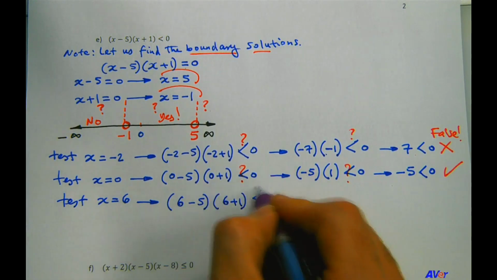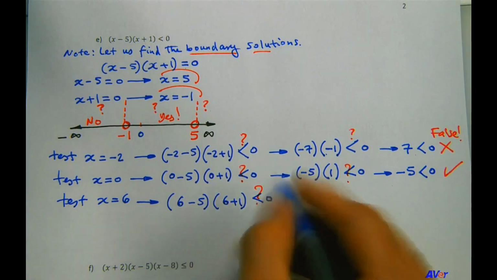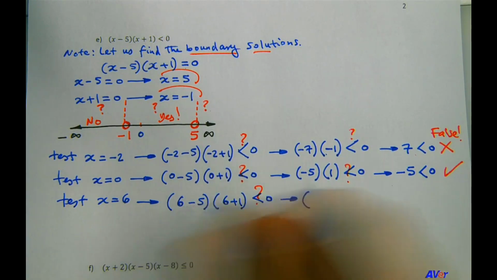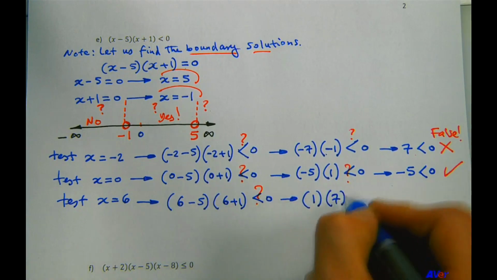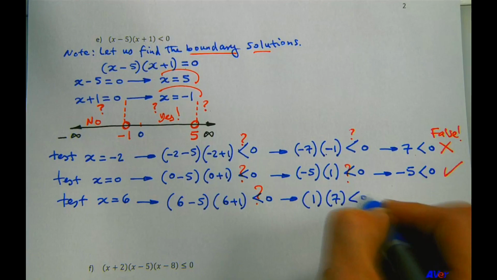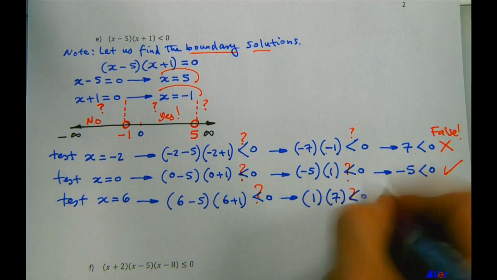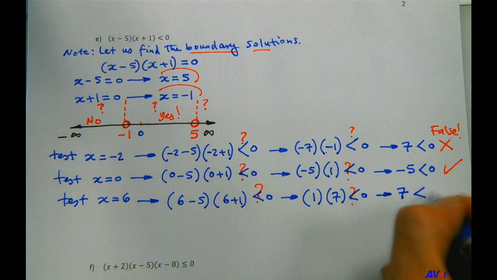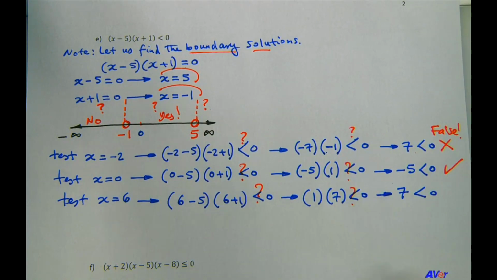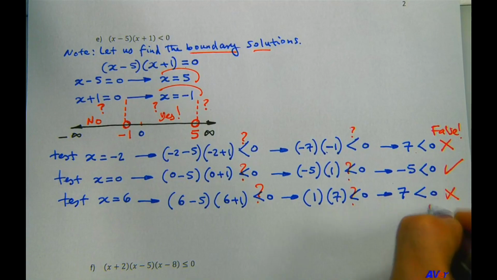Remember, we're checking. We don't know yet. So 6 minus 5 is positive 1. 6 plus 1 is positive 7. And is that less than 0? Well, that is positive 7. Is that 7 less than 0? No. False.